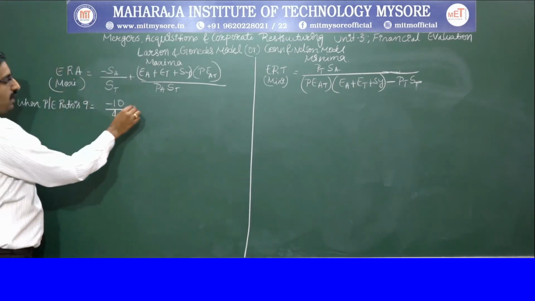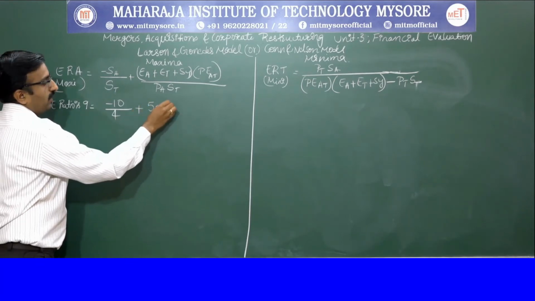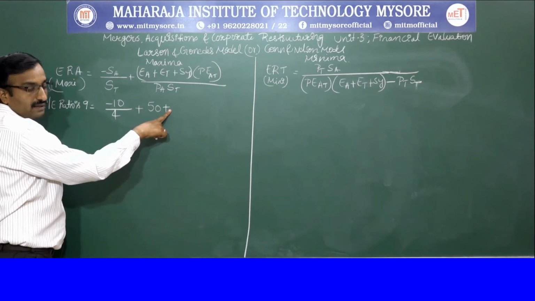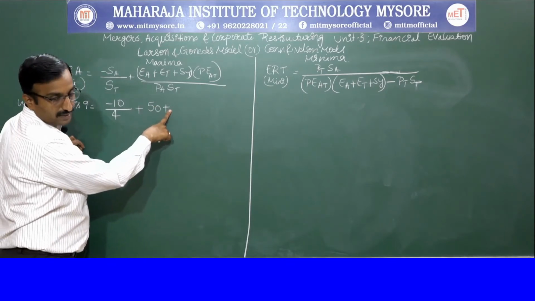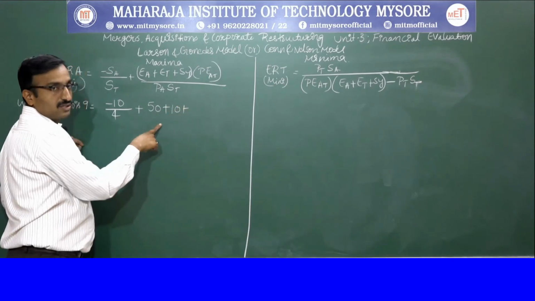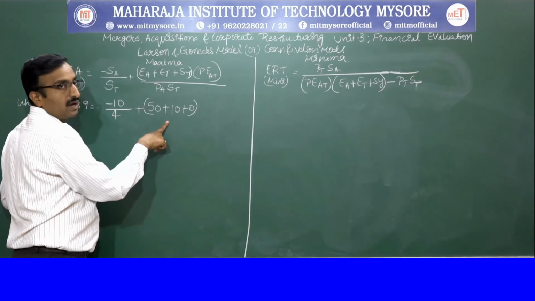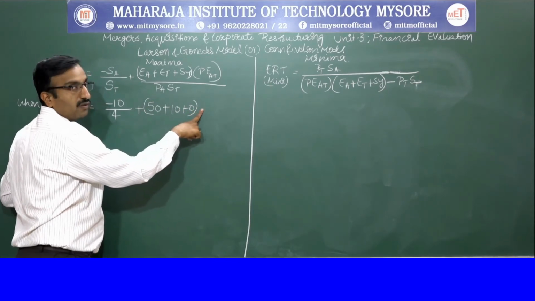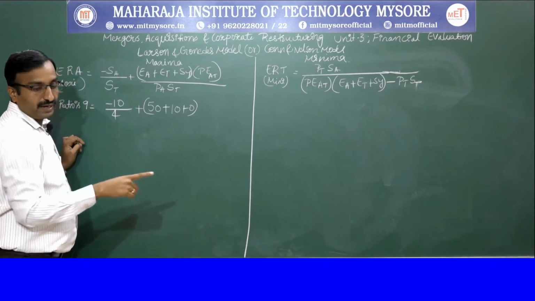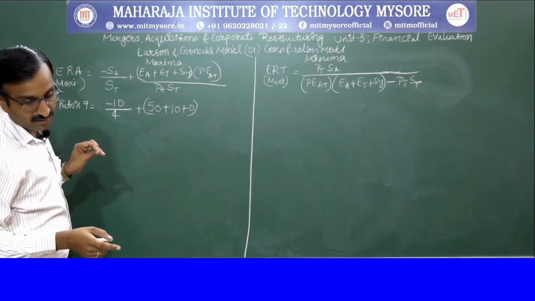Then earnings of A company, it is 50. Then earnings of T they have given in the problem, it is 10 lakh, and there is no synergy here. We have not seen any synergy. And the PE of A, they have given it is 9.